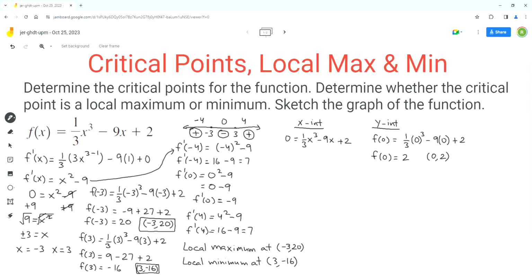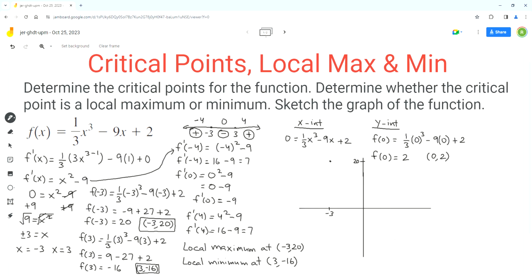Now we can plot all of these points to sketch the function. Let's start with the critical points. The first critical point we got is (-3, 20). So this is -3, and let's assume 20 is somewhere here. So the first critical point is here, (-3, 20).